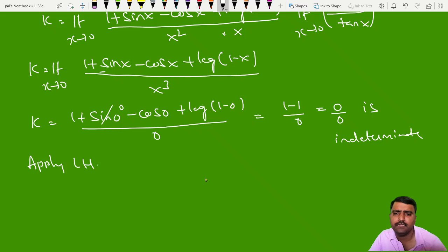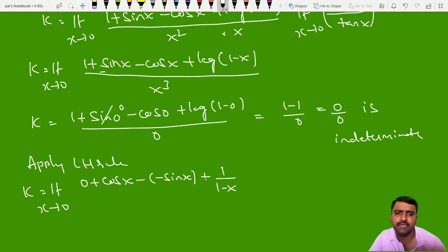Apply L'Hospital rule. Then k is equal to limit x tends to 0. Differentiate the numerator. Differentiation of 1 is 0, plus differentiation of sin x is cos x, minus differentiation of cos x which is minus sin x, plus differentiation of log of 1 minus x is 1 by 1 minus x.